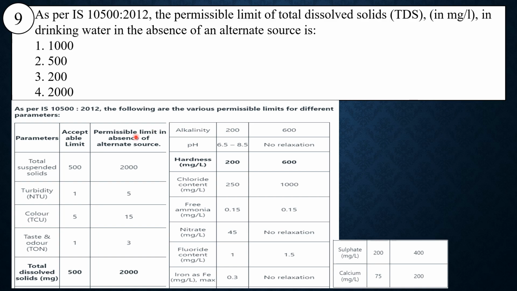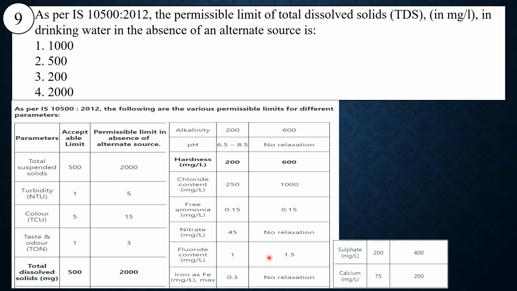These are the various permissible limits for the different parameters, and for TDS of the drinking water the acceptable limit is 500, and the permissible limit in absence of alternate source is 2000.